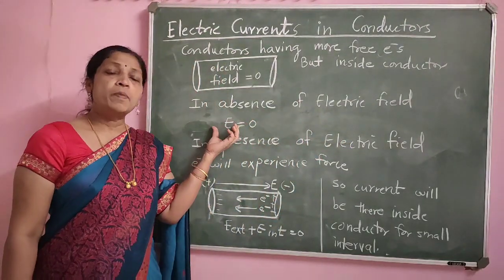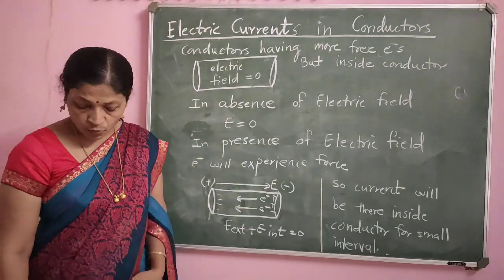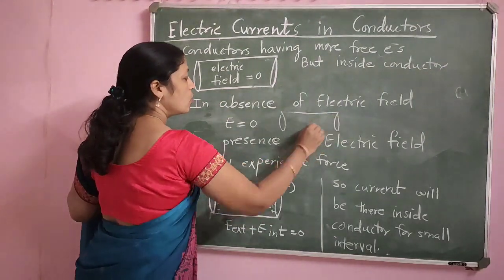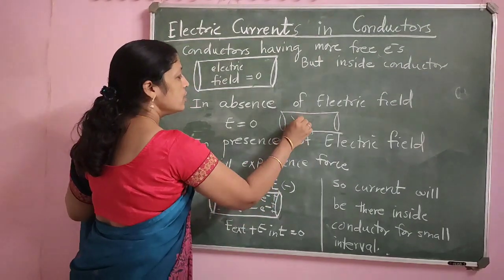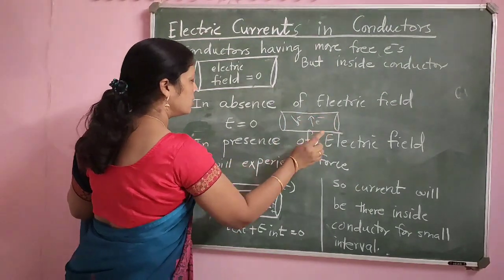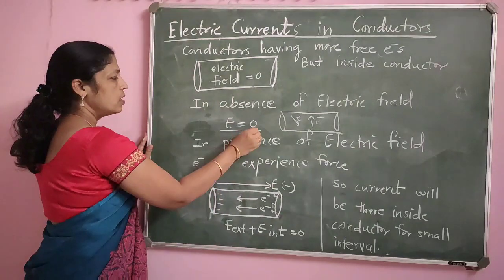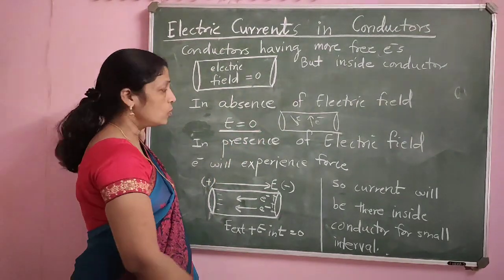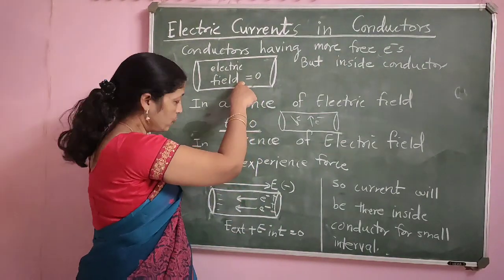Due to thermal energy, the electrons move here and there randomly inside a conductor, and in absence of an external field, the total field will become 0.